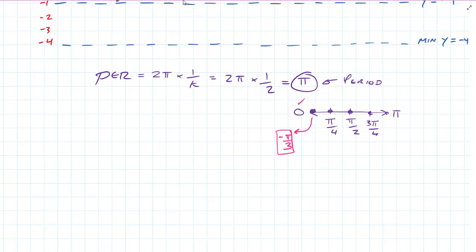Simple: what's pi minus pi over 3? It's the same thing as 1 minus 1/3, which is 3 minus 1 over 3, so 2/3 pi. So that's where we're going to end.